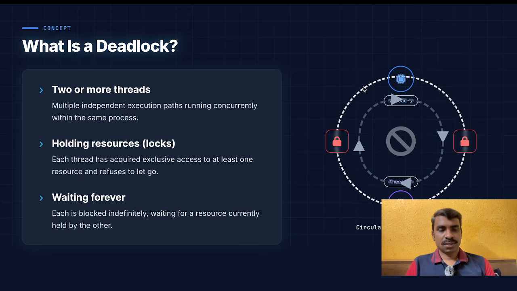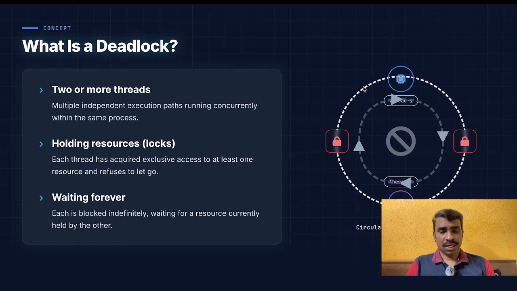So what is a deadlock? Two or more threads are involved. In a deadlock, it's obvious two or more threads are involved: multiple independent execution paths running concurrently within the same process. And holding resources.